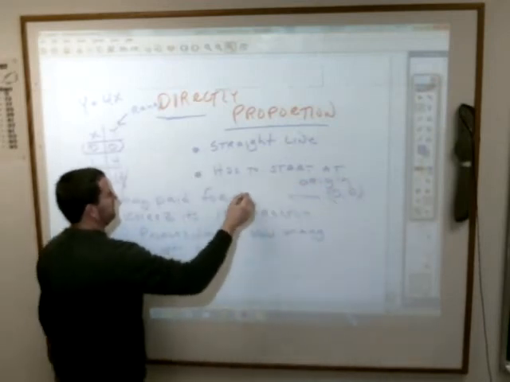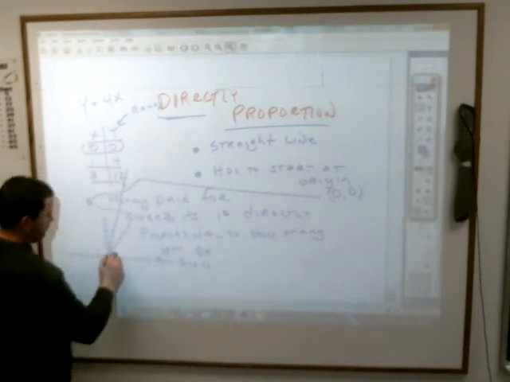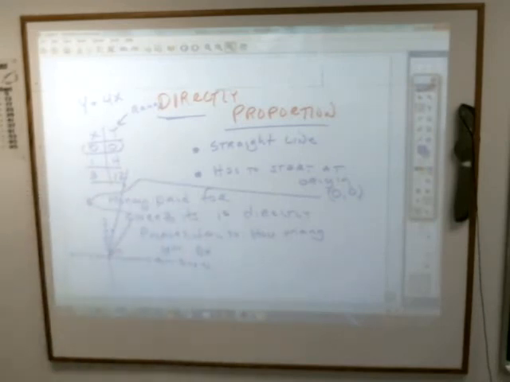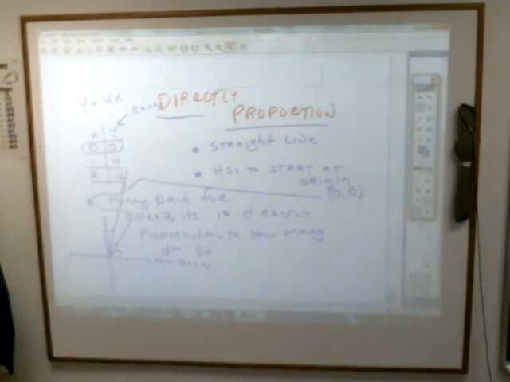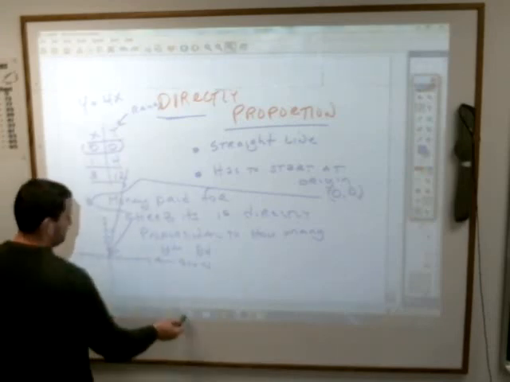That's what the origin is. This is the origin right here. It has to start right there. When the book asks you, or when on a quiz I ask you what two things have to be true for things to be directly proportional, you have to say it has to go through the origin, and it has to be a straight line. Those two things will get you pretty much home.